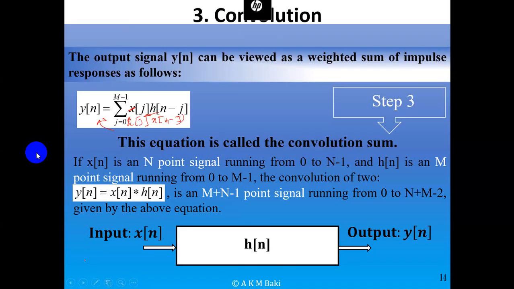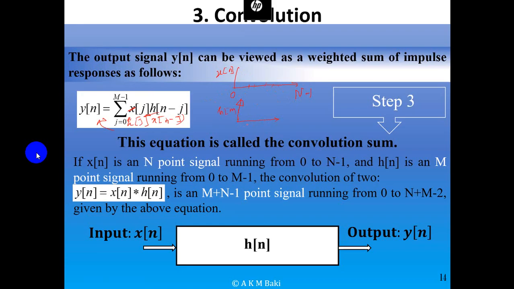Now, one thing you need to understand, it will also depend on the number of samples. X of n, if we consider from 0 to n minus 1, total n number of samples are there for the input signal, but for the impulse response the number is different.